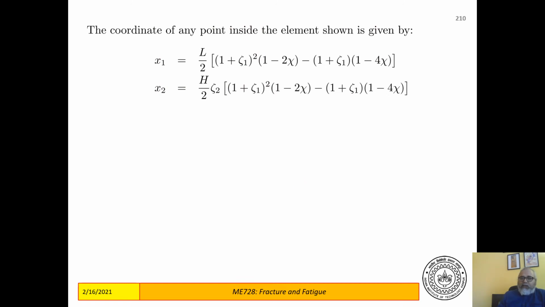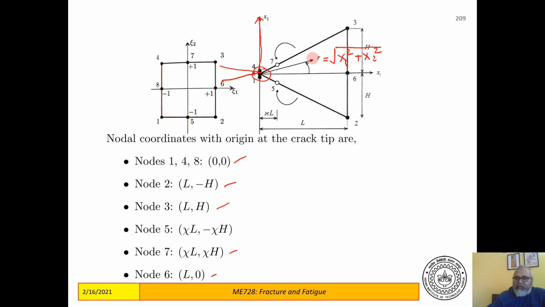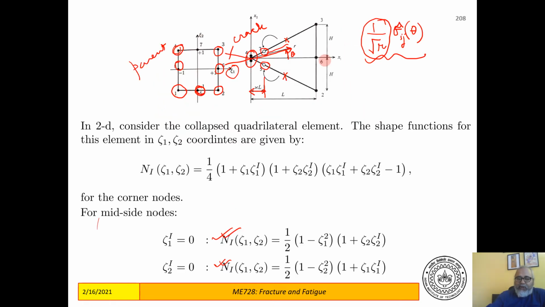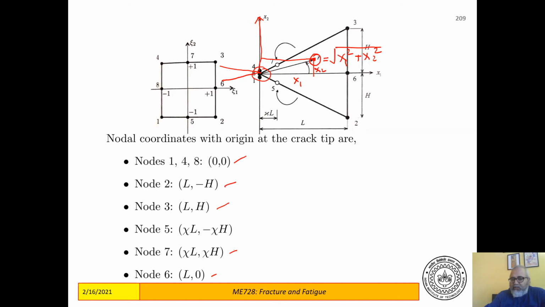The coordinates of any point, say this point, are x1 and x2. These coordinates would be interpolated in the same way, with the same shape functions as the displacements, because the element is isoparametric. These are the physical coordinates.